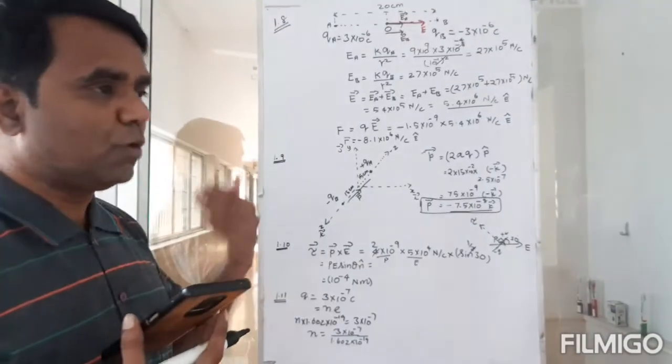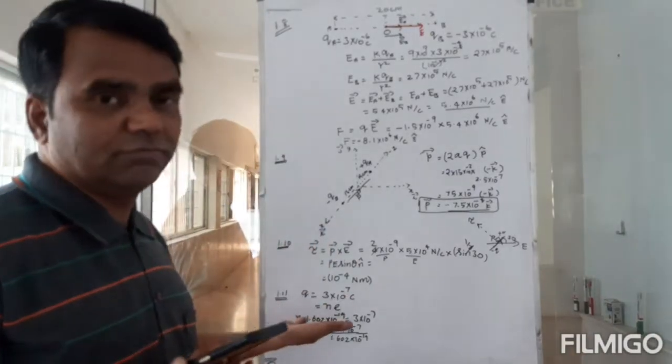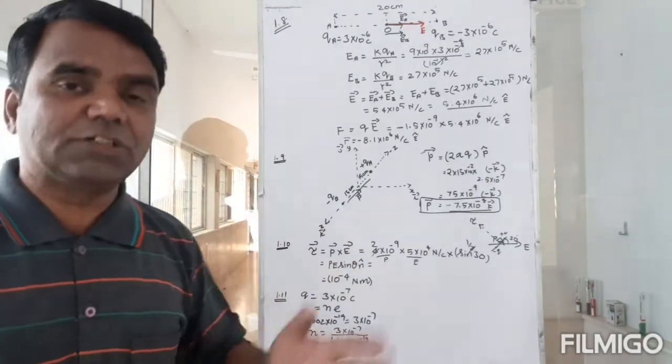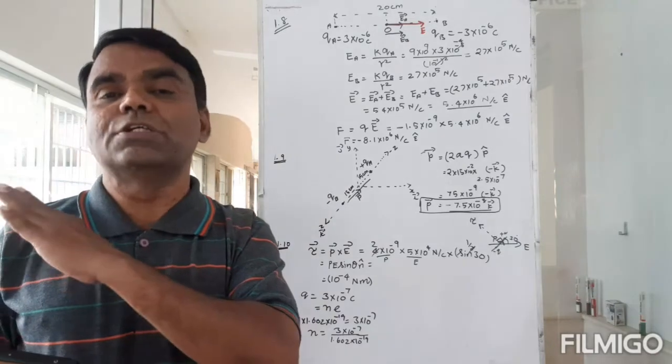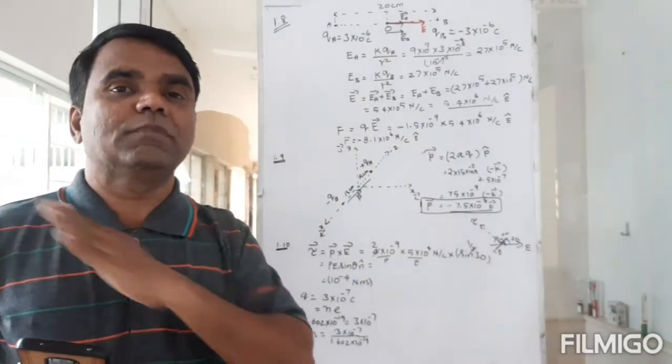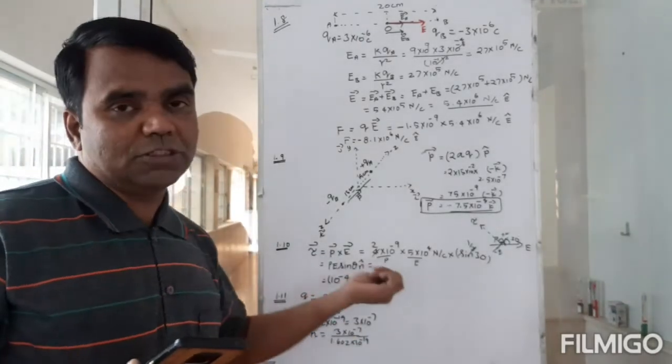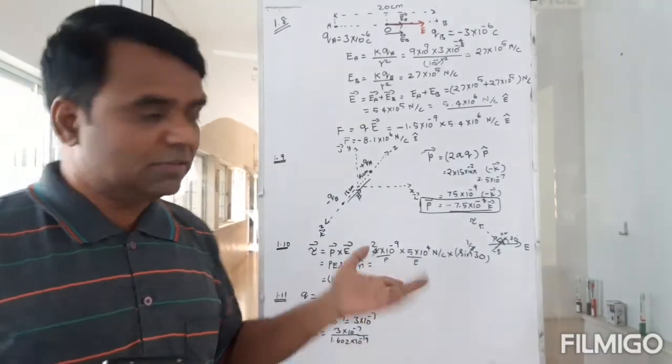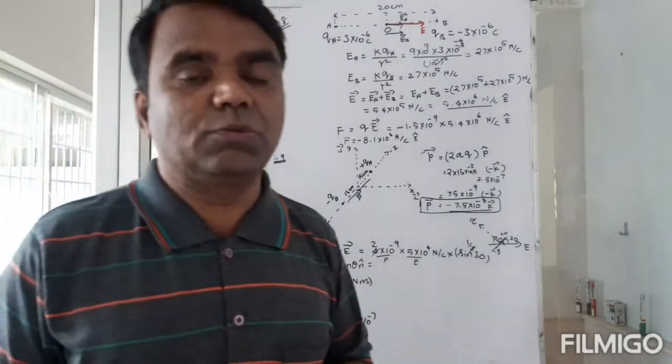Yeah, because polythene is found to be positive. So electrons must have left polythene to wool, leaving polythene positively charged. So that's the answer to that question 1.11.